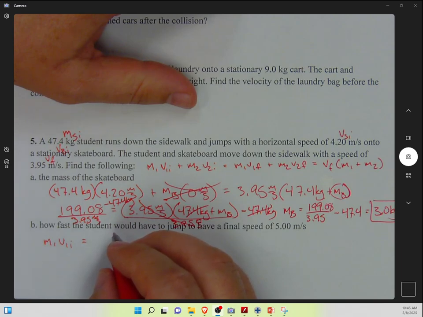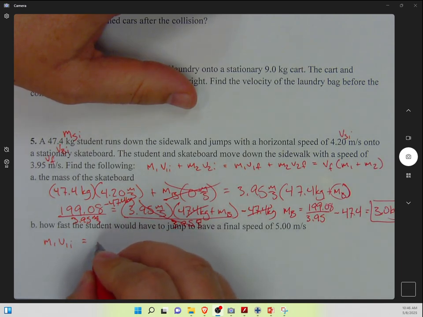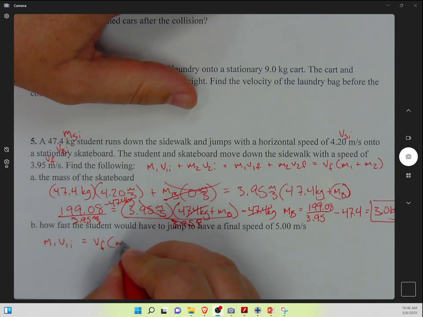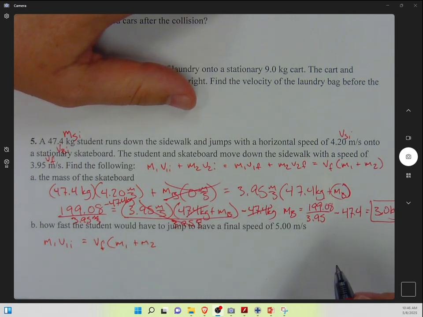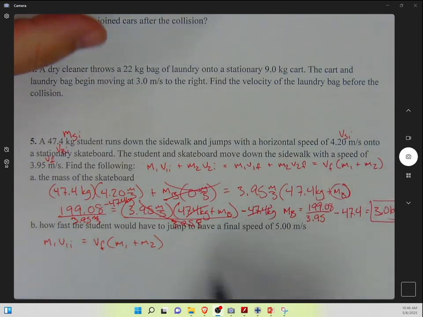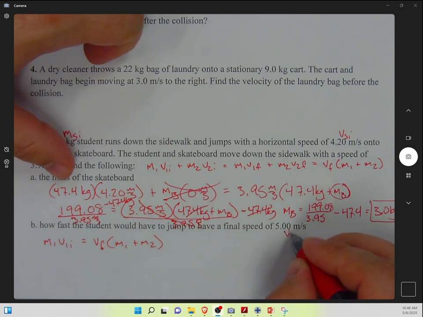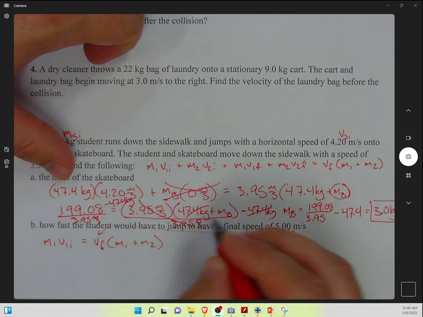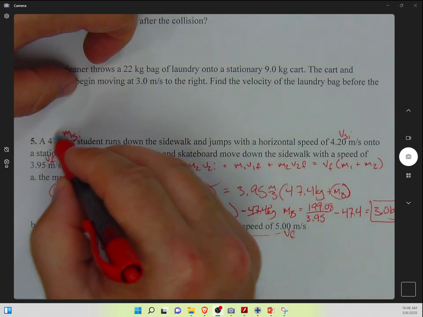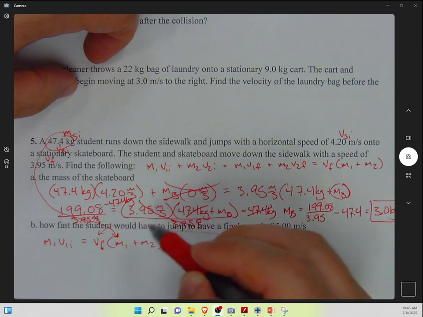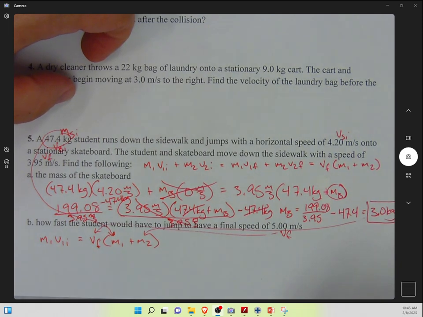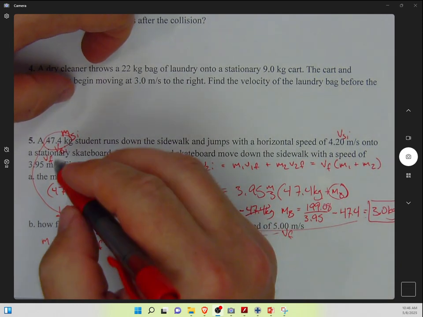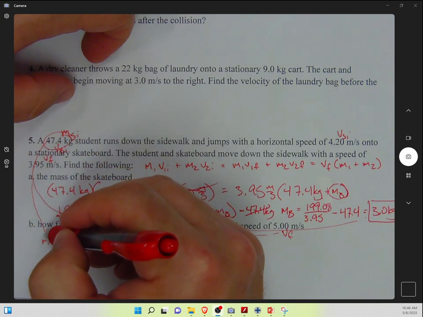So then I would have my final velocity like that. Now in this situation, I know that my final velocity is going to be that. Remember, I already have the M1, and I just figured out the M2. M1 also applies to that.